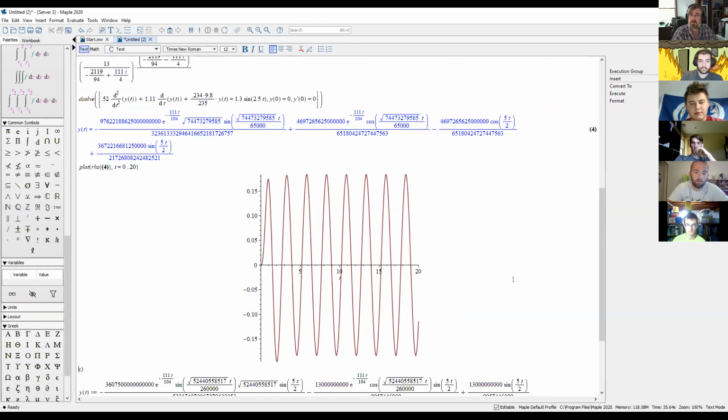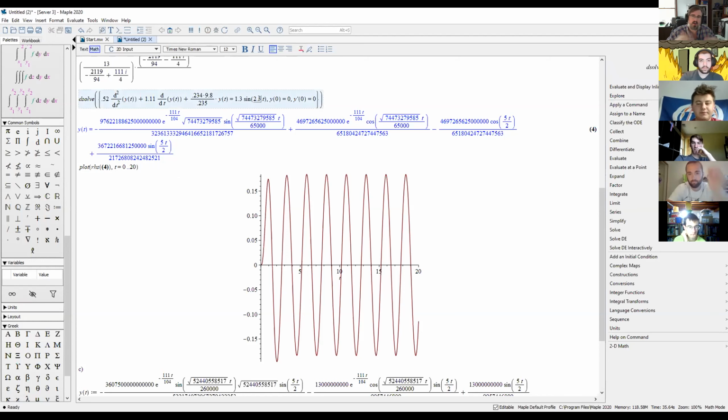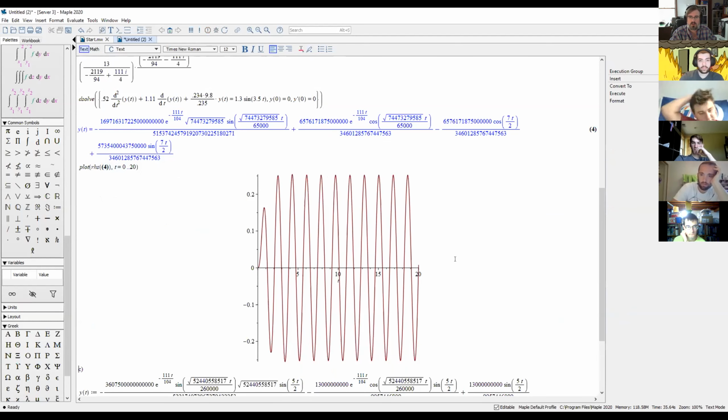So real quick, do me a favor and go up and change that 2.5t in the dsolve. Change that to, I don't know, call it 3.5t, just for giggles. Run it, and then let's plot that same thing. Now notice what happens when he hits enter. It's not the same function, but you see very similar structure.